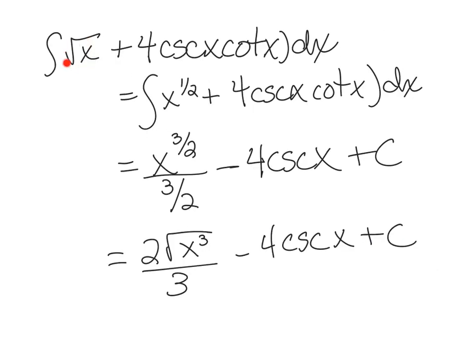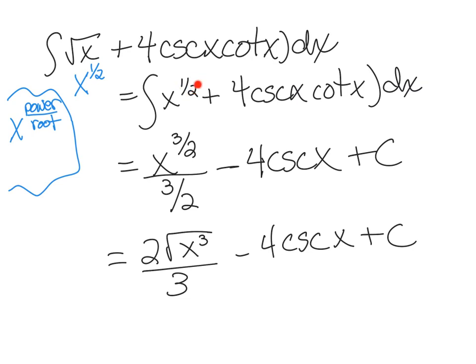All right, radicals. Remember, radicals are just powers, exponents, right? So x, the top is the power, and the bottom is the root. So anytime you have a radical, the top is the power, the bottom is the root. You rewrite that, and then you integrate using a power rule.